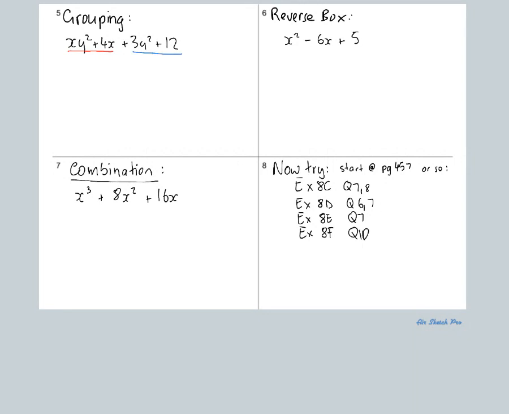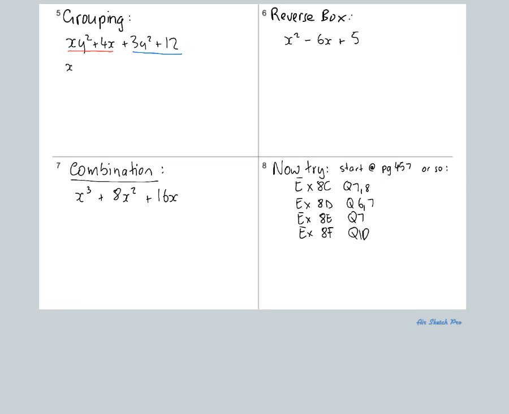Is 3y squared plus 12. Now, what I'm going to use is just the reverse distributive law, just to factorize those two little components. And I want you to see what happens when I do that. On the left-hand side, I've got a common factor of x. Is that okay? I've got xy squared plus 4x. So I've got a common factor of x and nothing else.